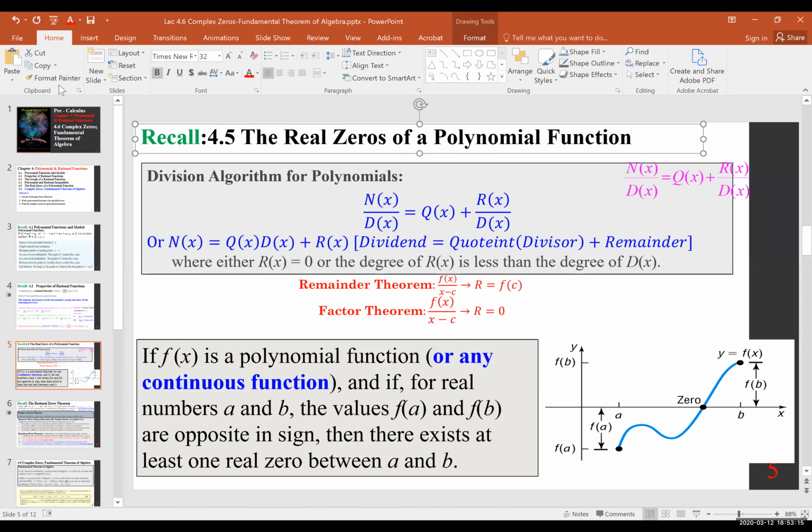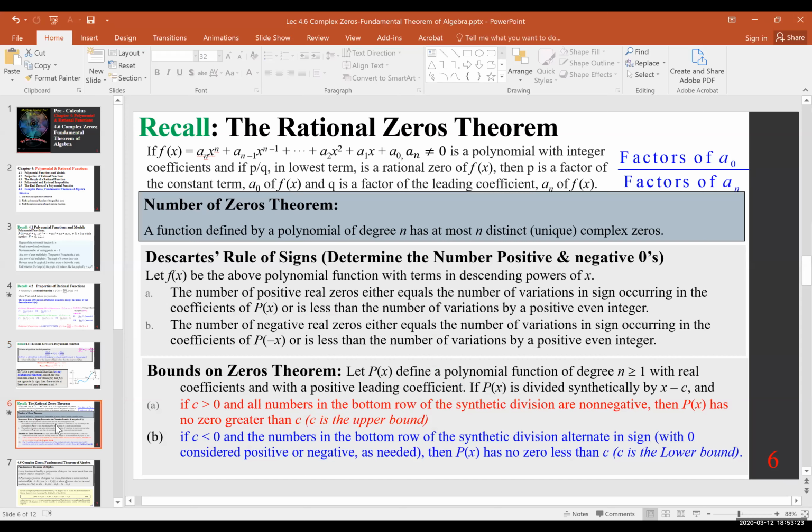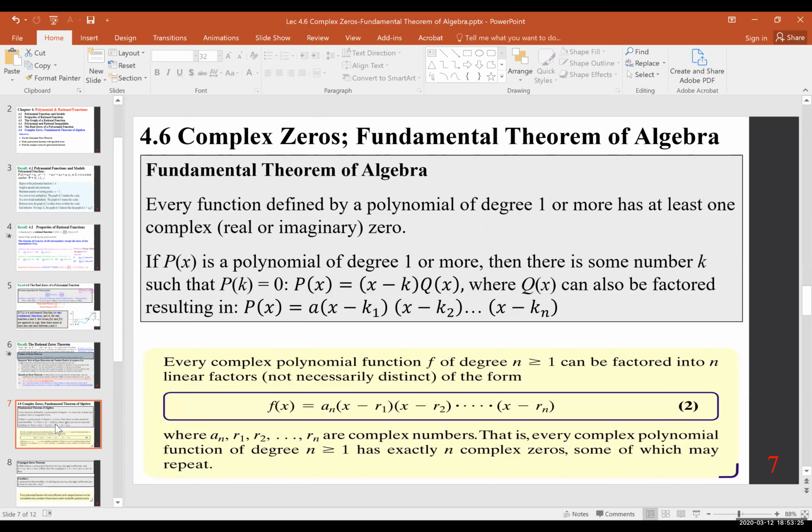So when we go to the next section, class, all right. What is CTS and IVT? CTS stands for continuous and IVT stands for intermediate value theorem.